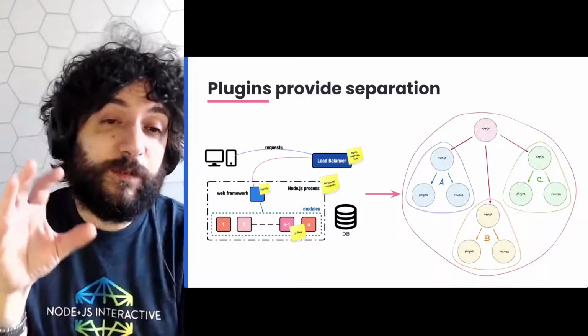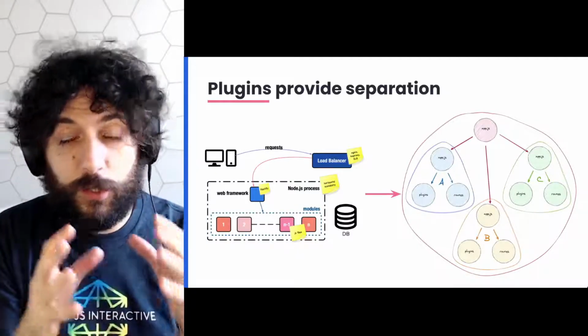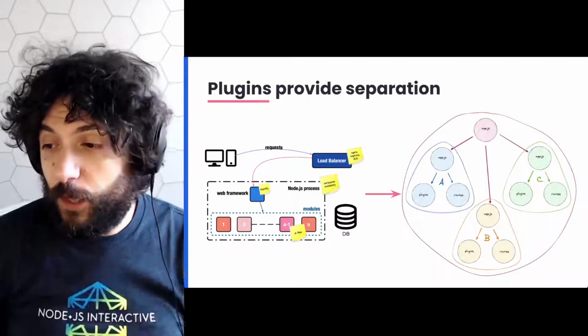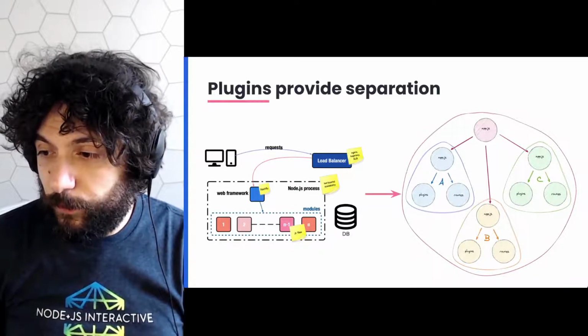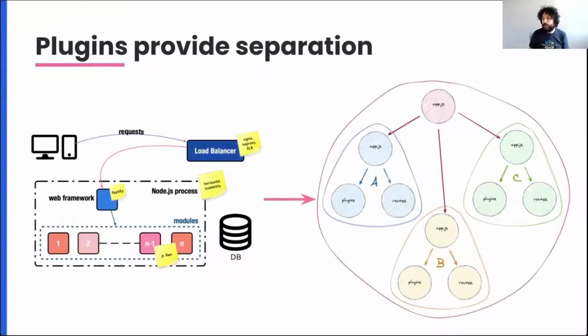Now, with Fastify, let me actually put it big. Here you go. You can see that you have your target architecture on the left, and this architecture tells you to structure your system in modules.